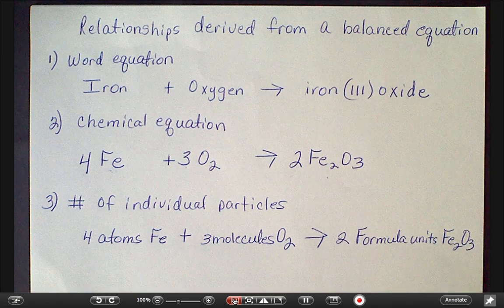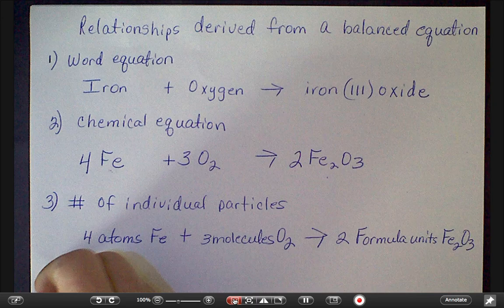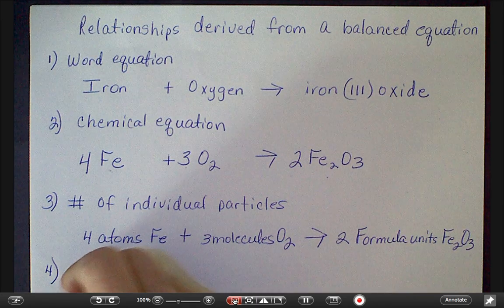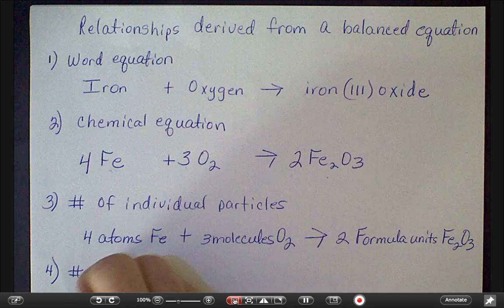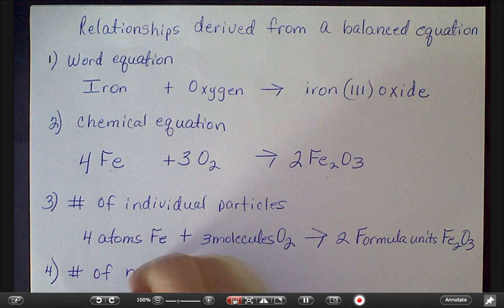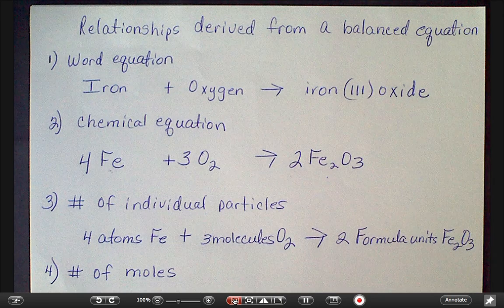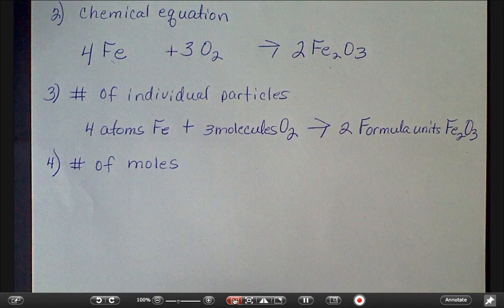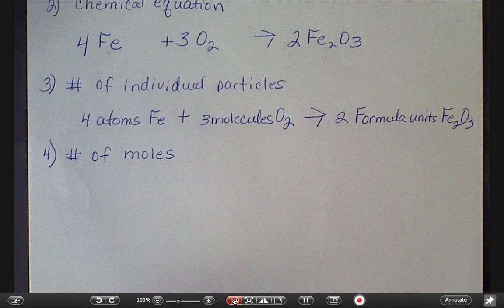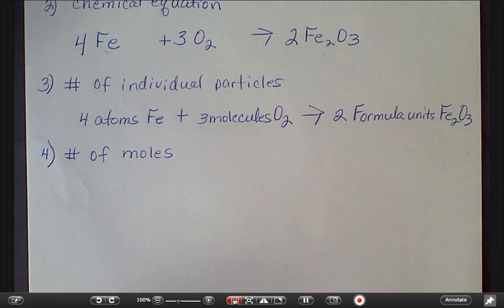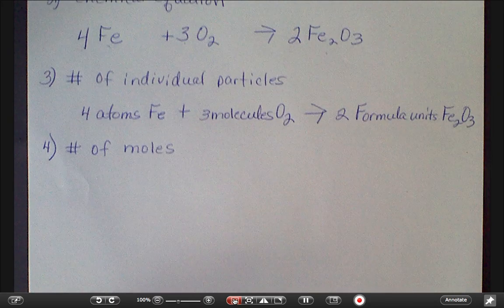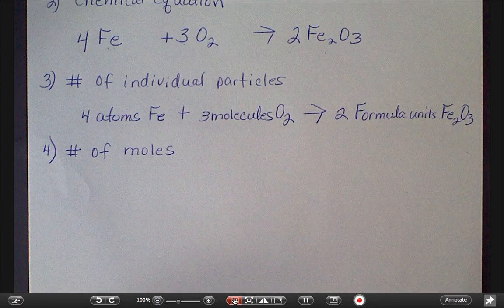Okay. Now we're going to look at it as the number of moles. So those coefficients play different parts. If you're talking about individual atoms, molecules, and formula units, okay, those are individual particles. Now then, we're going to look at it as number of moles.